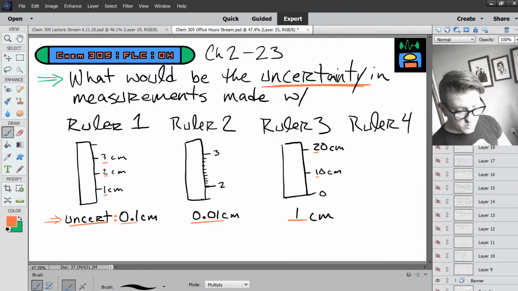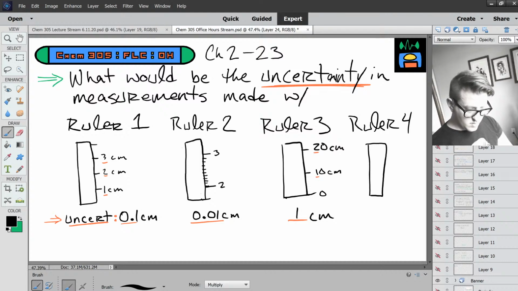And then ruler 4, let's get this back in black. Ruler 4 is very similar to ruler 3.